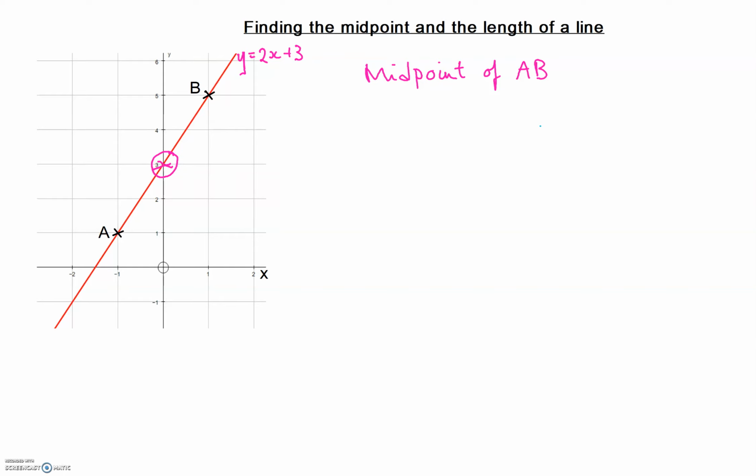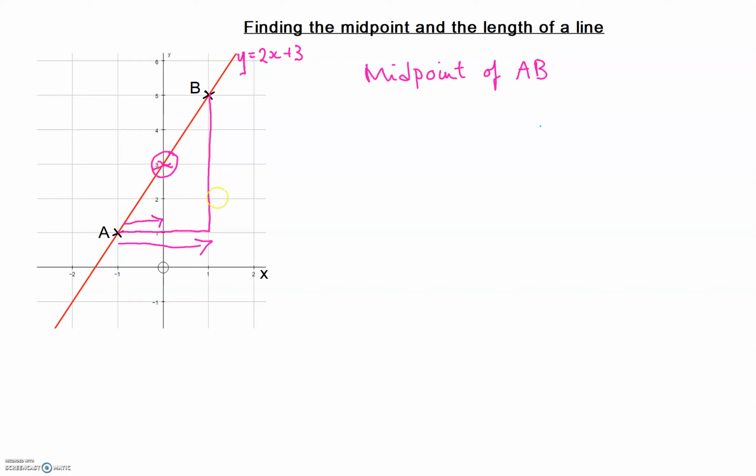And you can work out why, because you can join a triangle around A and B. To get from A to B, you've gone across 2 on your x-axis, so you're going to go across half of that distance, which is across 1.